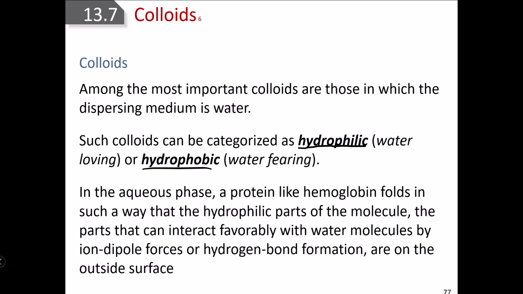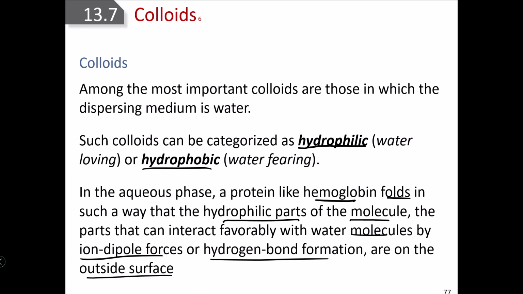And it says in the aqueous phase, proteins like hemoglobin fold in such a way that the hydrophilic parts of the molecule react favorably with the water molecules, through ion-dipole forces and hydrogen bonding, on the outside surface. So you say, why do I need to know this?